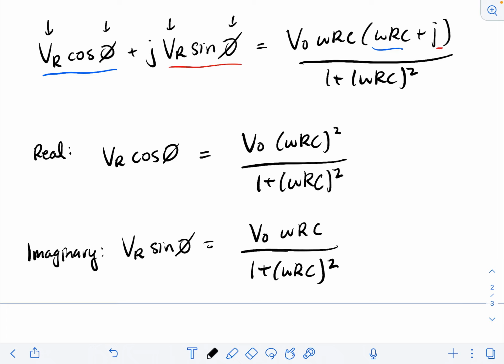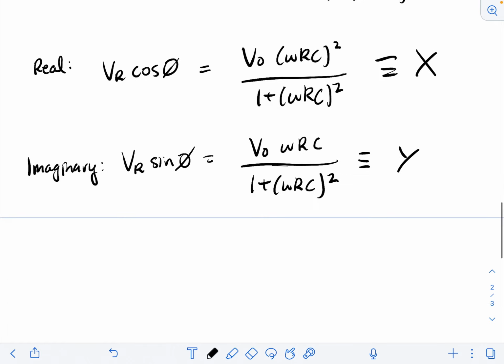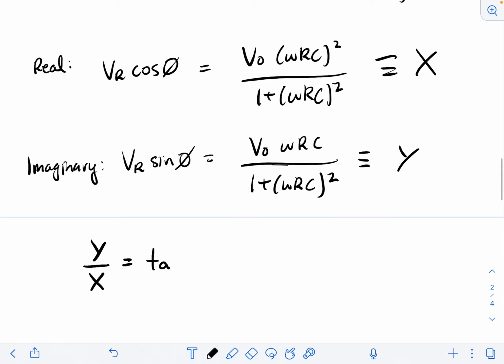So I'm going to call this real part of our equation x, and I'm going to call the imaginary part y. That's nice because if we calculate this ratio, say y over x, that's going to be VR sine phi divided by VR cos phi, and so that's just going to be tan of phi.